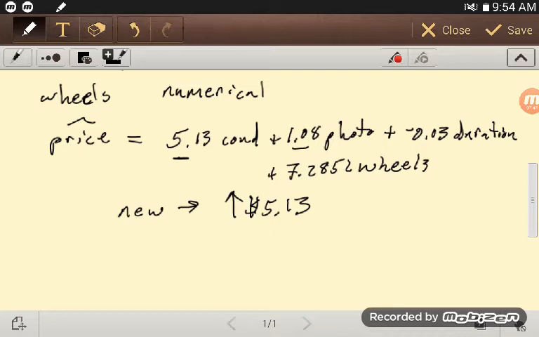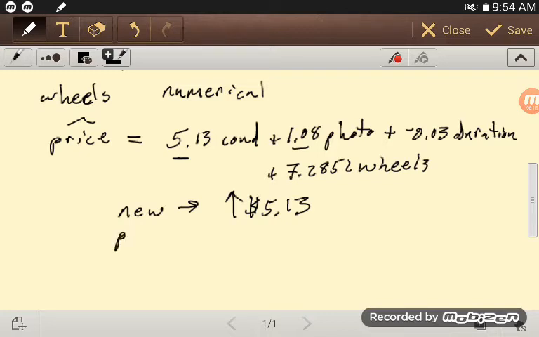But you see, all of a sudden the effect of the condition is only half of what it had been. Why? Because tossed into that condition may have been some of these other items, like whether it was a stock photo or a unique photo or the number of wheels.